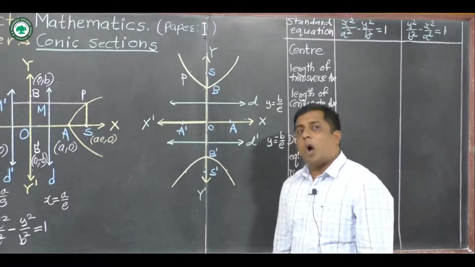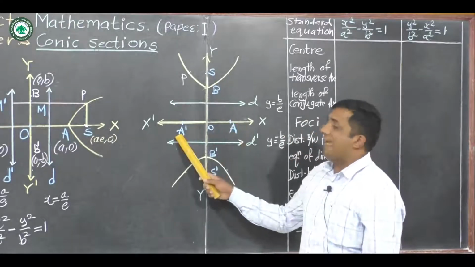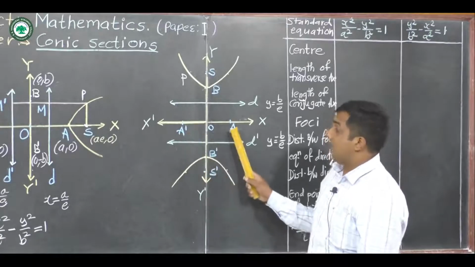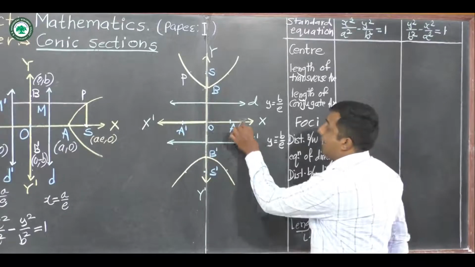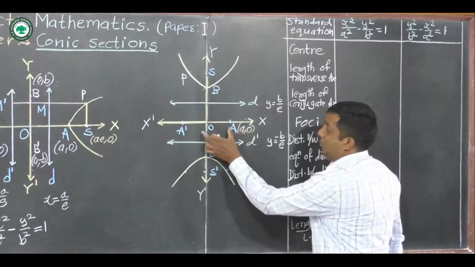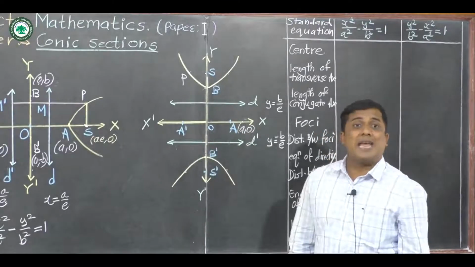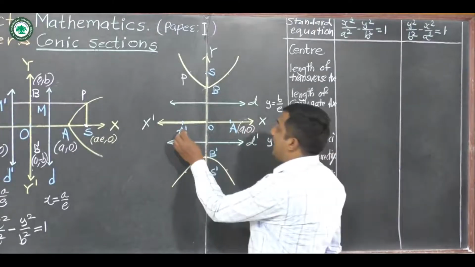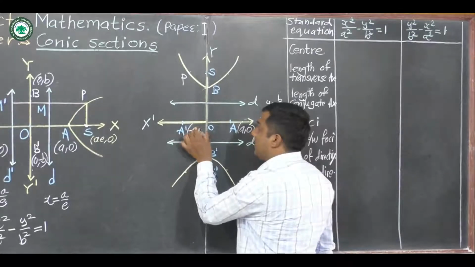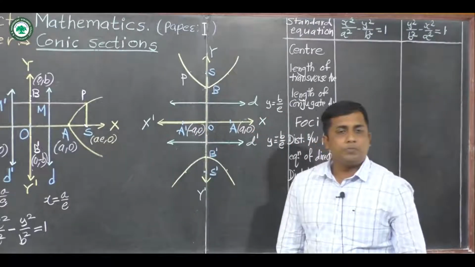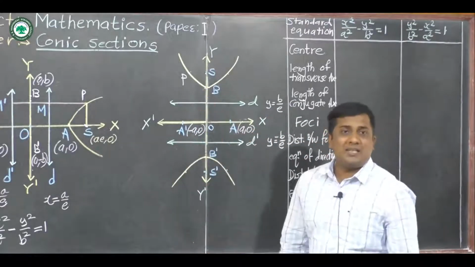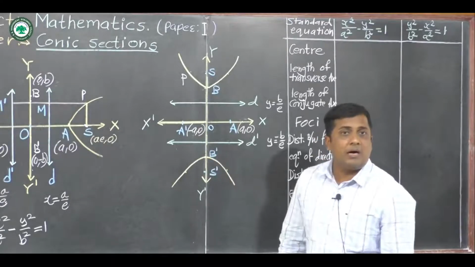Here points on the x-axis are a and a dash. The coordinates of A are (a, 0), that is, we consider the distance OA as a. Then for A dash the coordinates are (minus a, 0). Then on the y-axis B and B dash are given.